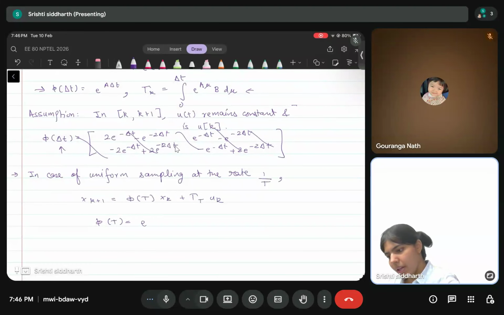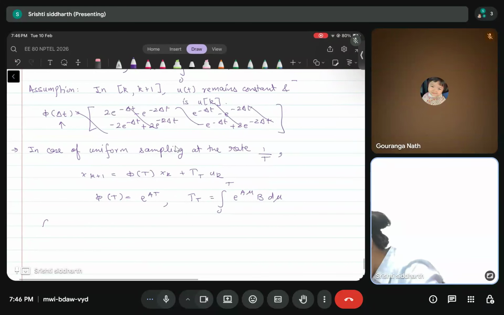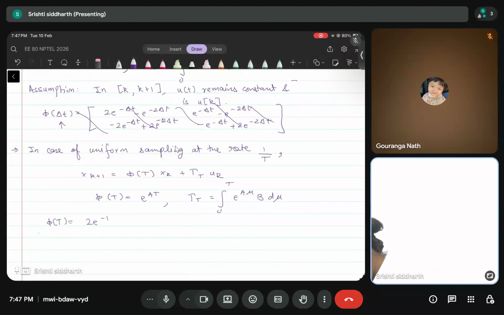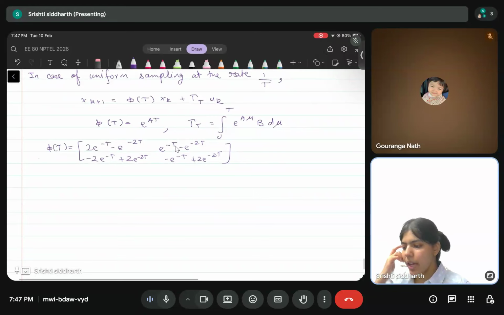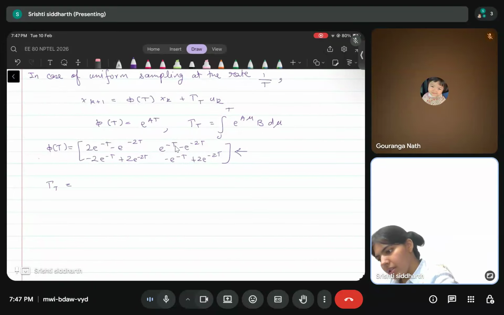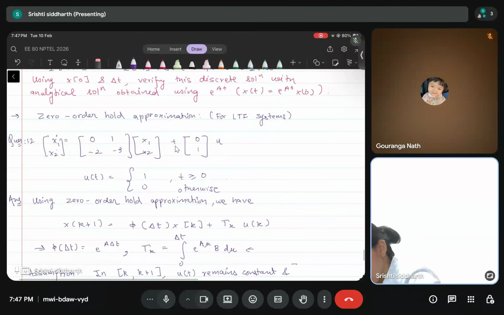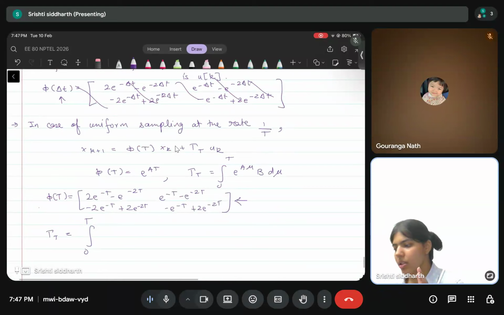So phi of T is e to the power AT and gamma of T is the integral from 0 to T of e to the power A mu times B. Just substitute capital T and we get phi of T. Here B is 0, 1, so we are selecting the second column of e to the power A mu.